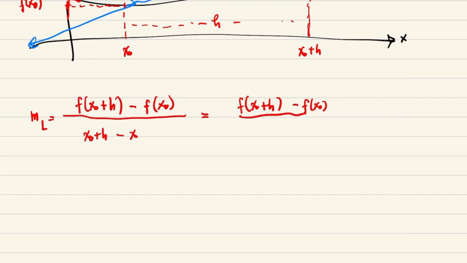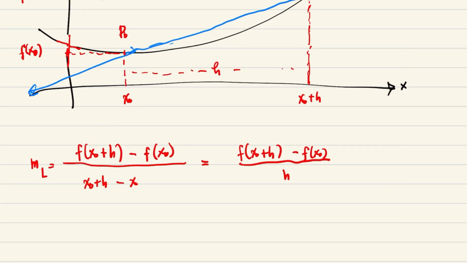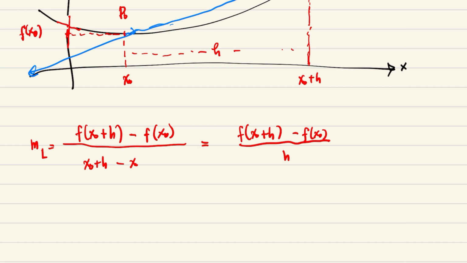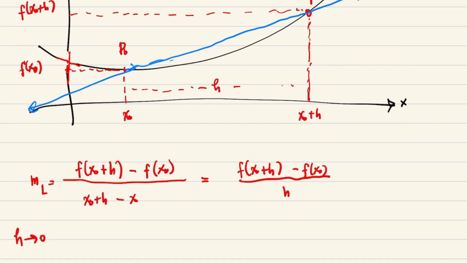Now, observe that as h tends to 0, these points move closer, so the line changes like this until it goes like this.